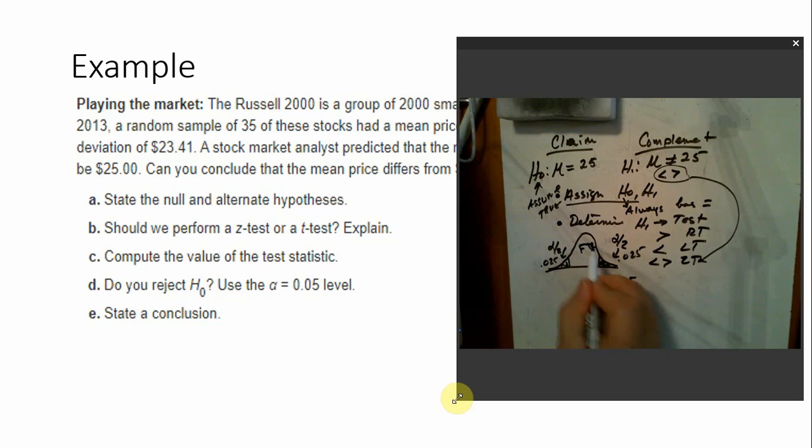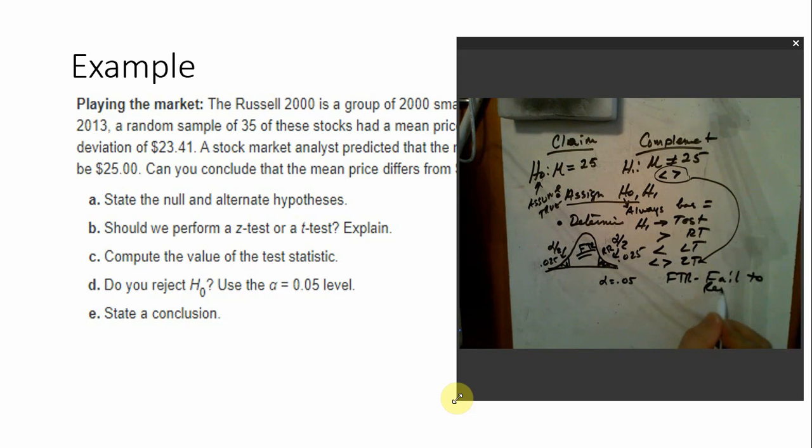I go ahead and have this all set up. This is a rejection region, FTR. FTR is fail to reject. RR is my rejection region. Okay, and all I have to do once I get these critical values is do the test statistic. Now that's the same no matter what, but now I've got to get critical values.